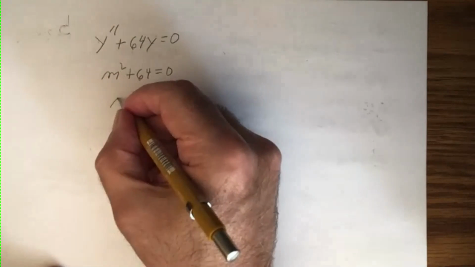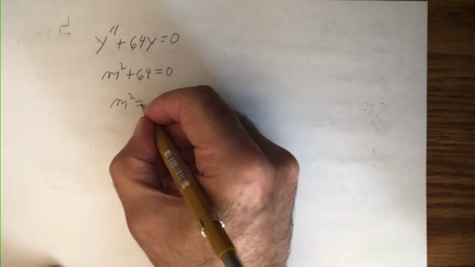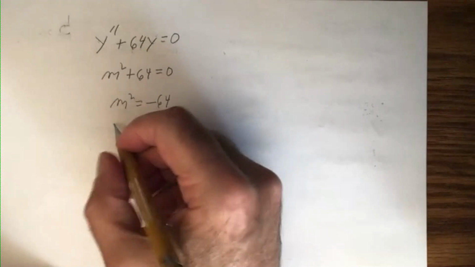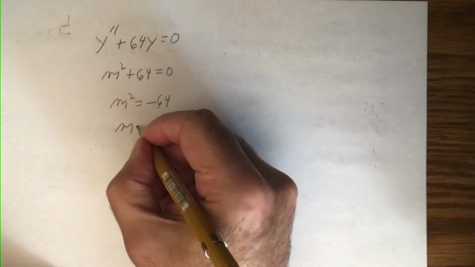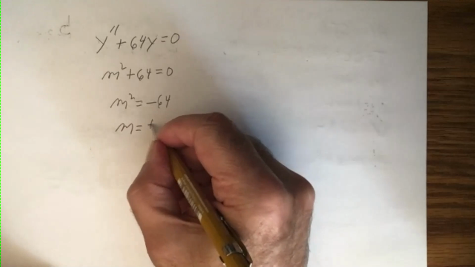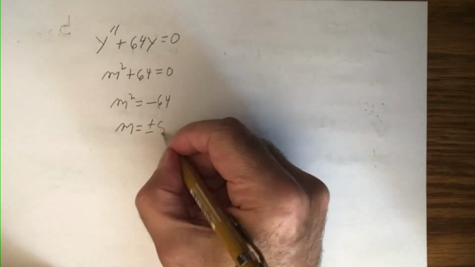This is the same as m squared equal to minus 64. If I take the square root of both sides, I get m equal to plus or minus 8i.